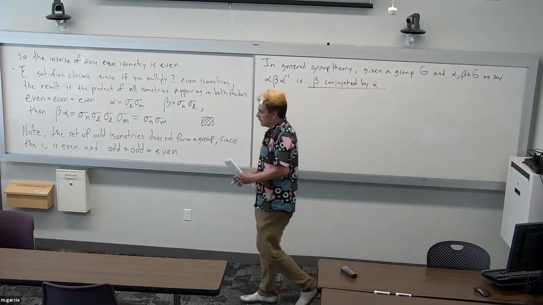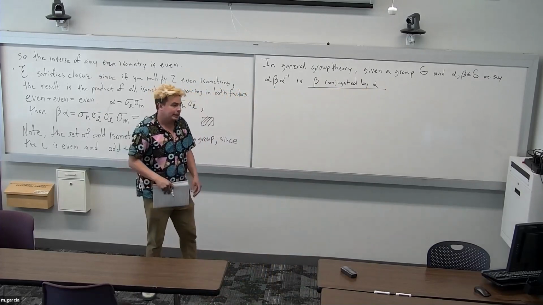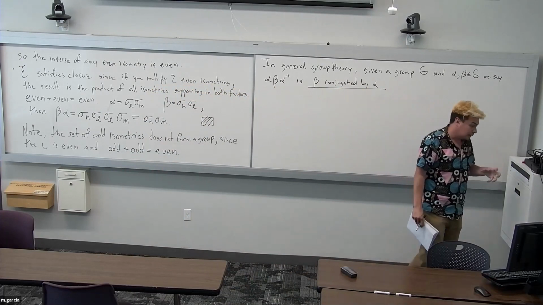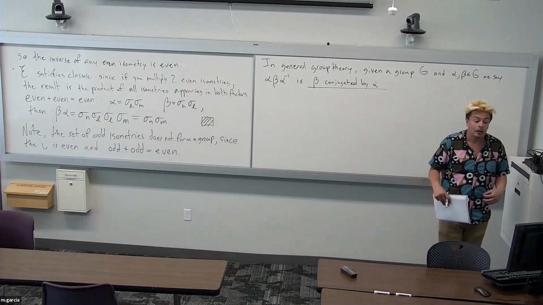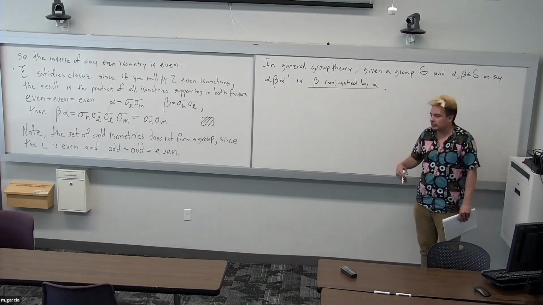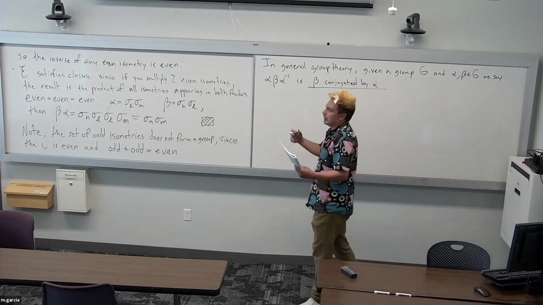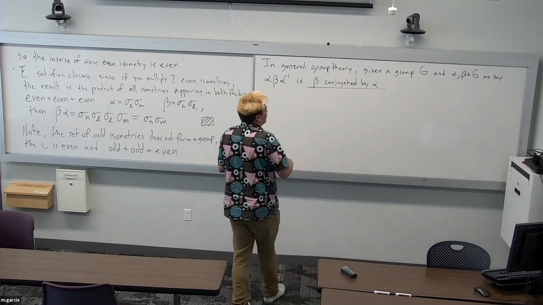Okay? So when you study general group theory, this operation of conjugation is an essential part of your study of the structure of a group, its subgroups, its commutativity, what properties it satisfies.